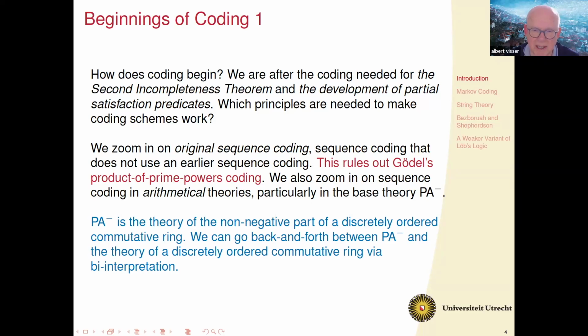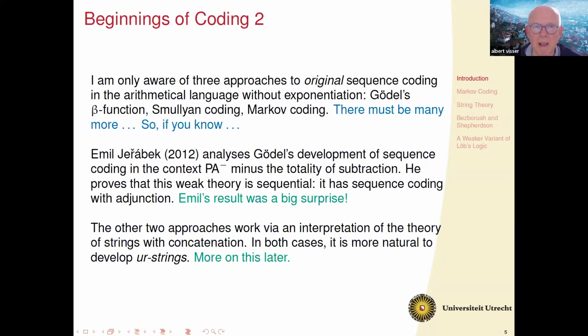And given that you have the ring, of course, since you have the ordering, you can define the non-negative part. So in fact, they are the same. The non-negative part is, in some sense, the logician's way of looking at discretely ordered rings.